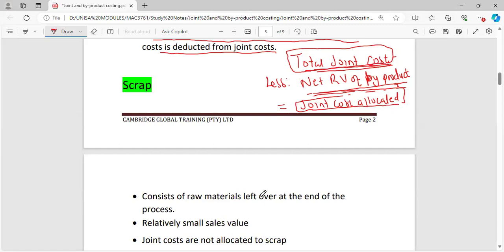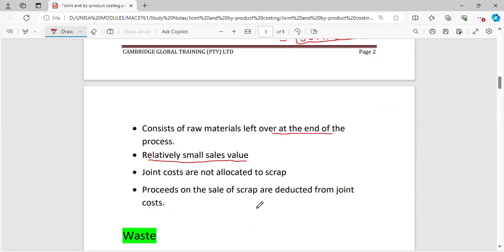A scrap is raw material left over at the end of the process. They also have a relatively small sales value. We are not going to allocate joint cost to scrap. Joint costs are not allocated to scrap. Then proceeds on the sale of scrap are deducted from joint cost. So the treatment of byproducts and scrap is the same.